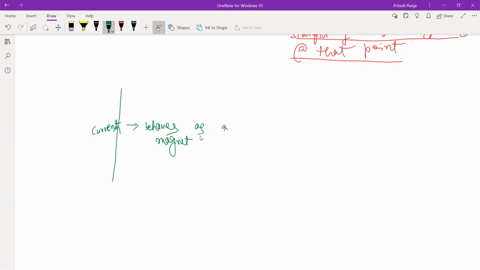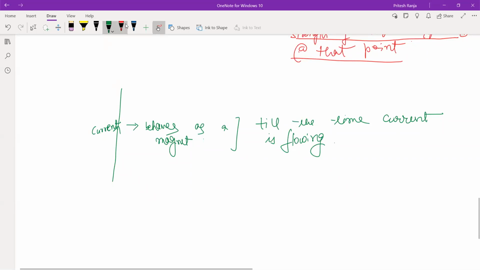So till what time does it behave as a magnet? Till the time current is flowing through it. So till the time current is flowing, this behaves as a magnet. At the point the current stops flowing through this, what will happen?